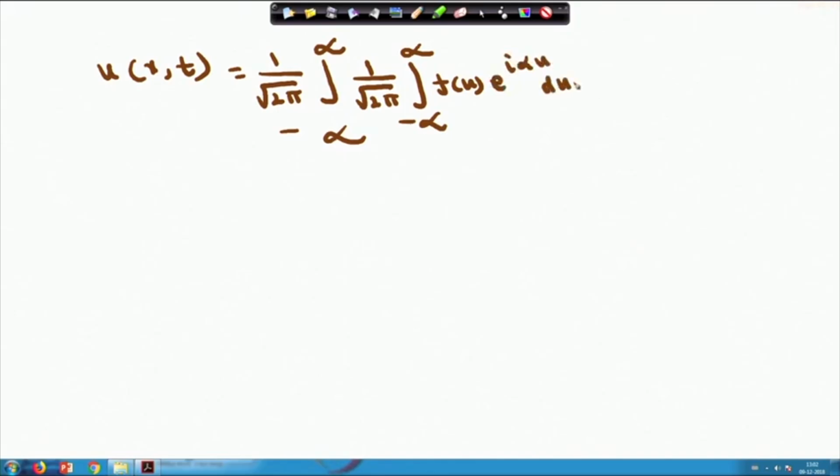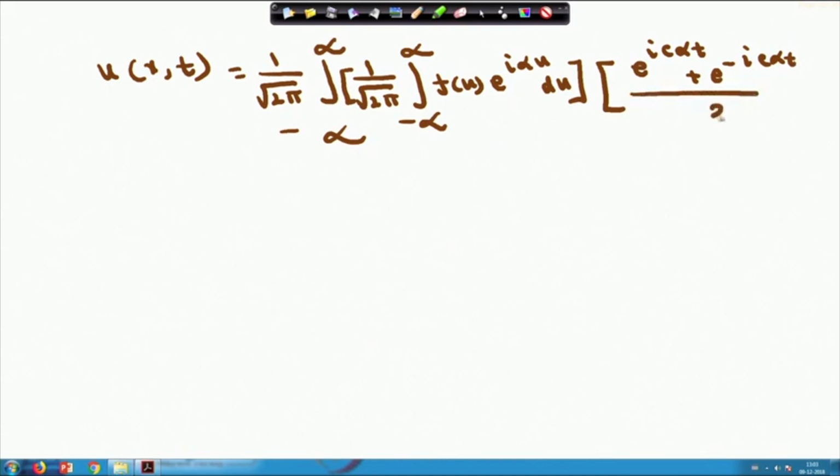You can write down this thing, because you are replacing capital F alpha, and this cos term you can write down as e power I c alpha t plus e power minus I c alpha t, cos of c alpha t we are writing like this, into e power minus I alpha x into d alpha.